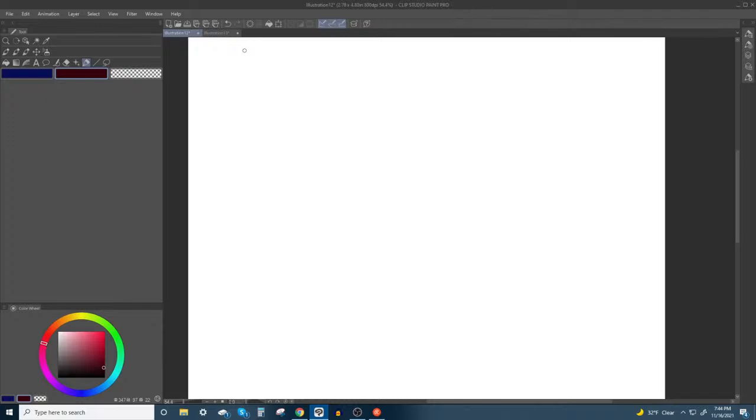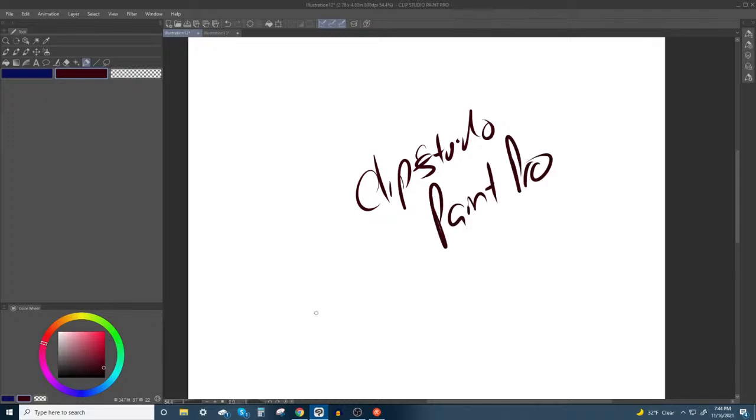Okay, let me see. Host, are you self-taught? Clip Studio Paint on his computer. Yes, it's Clip Studio Paint. Pro. There are two versions.